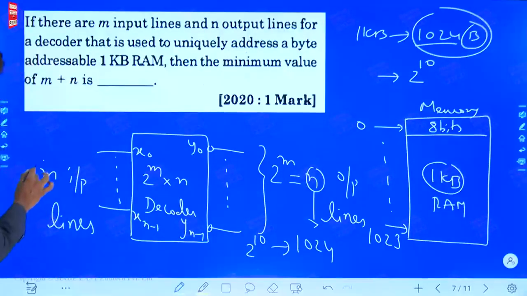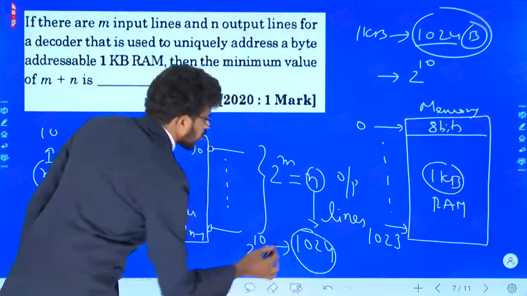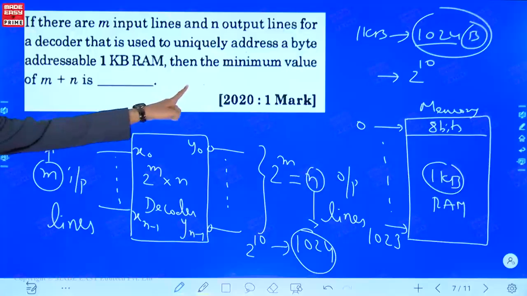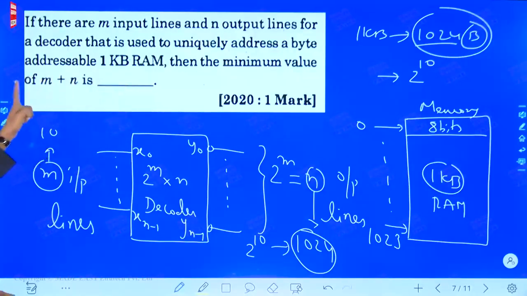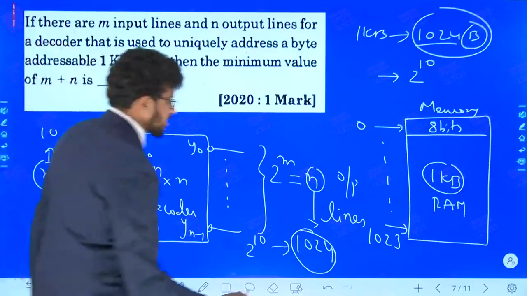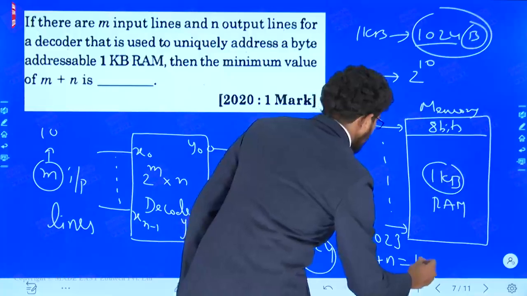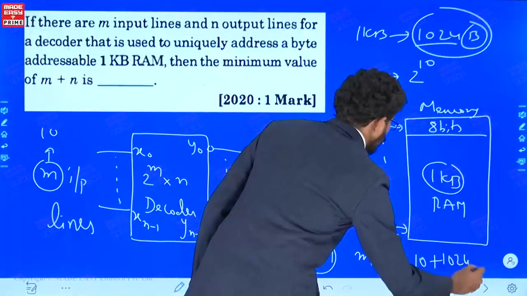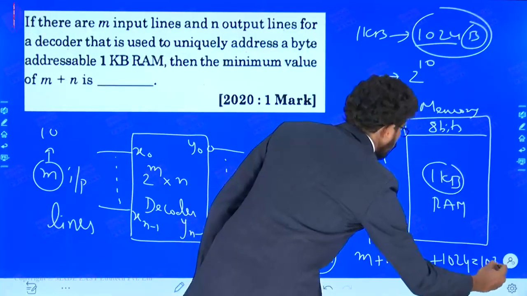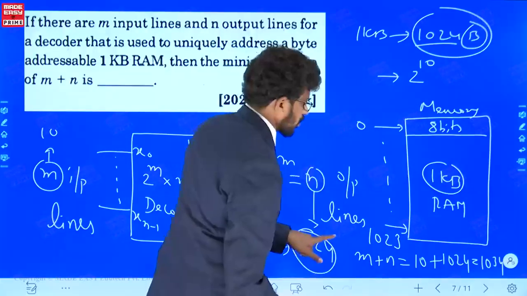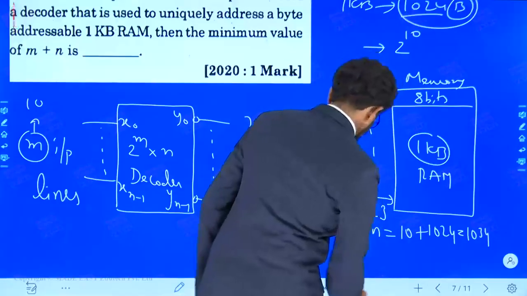So m is equal to 10 and n is equal to 1024. He is asking the minimum value of m plus n. Very simple, just add both of them. m plus n is equal to 10 plus 1024, that becomes 1034.